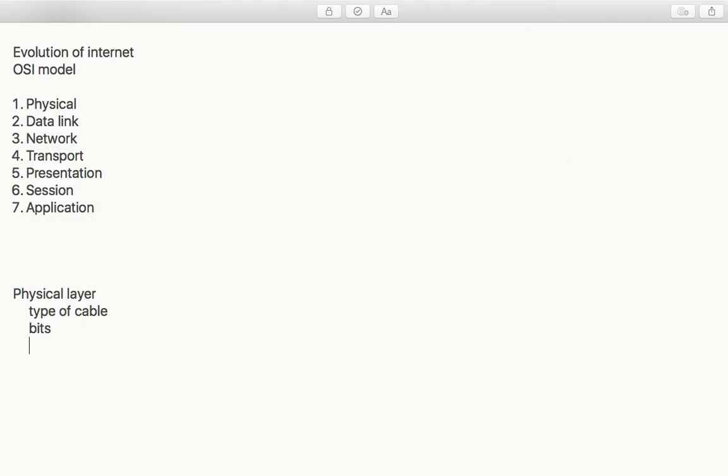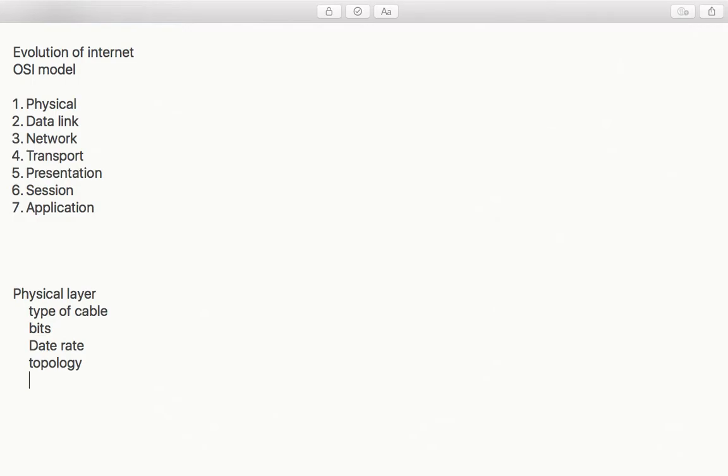Other than this, the data rate consideration will also be taken care of by your physical layer, and also the topology of your network. Now here comes a new term, topology. The topology is nothing but the physical structure of how you lay your network.